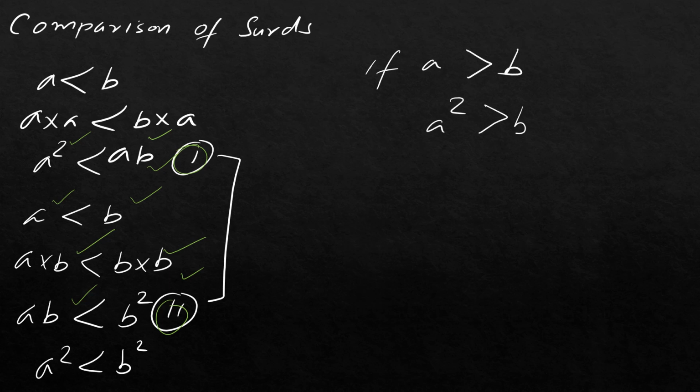In such a situation, we can simply say A square is smaller than B square. And if A is bigger than B, then A square will become bigger than B square. And if they are equal, the squares are equal. All these principles are applicable for surds also. In the case of surds also, if A is smaller than B, then A square is smaller than B square.